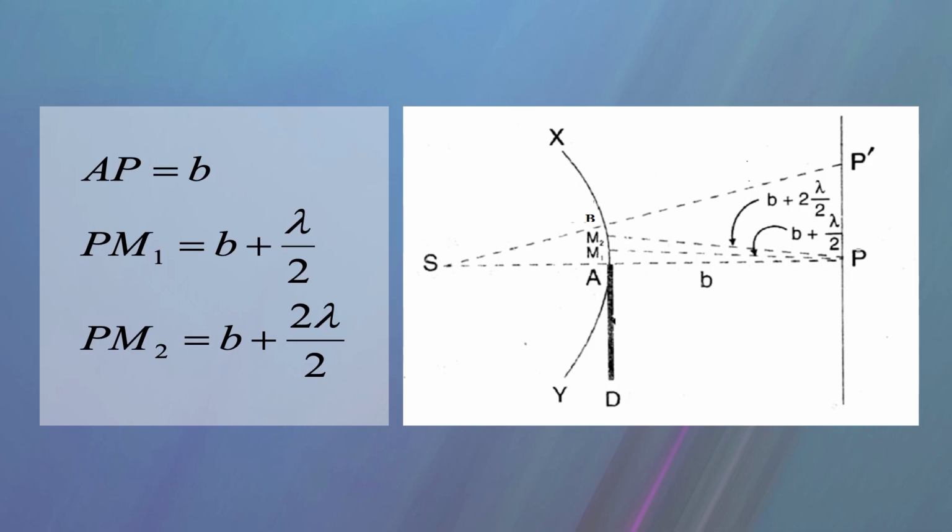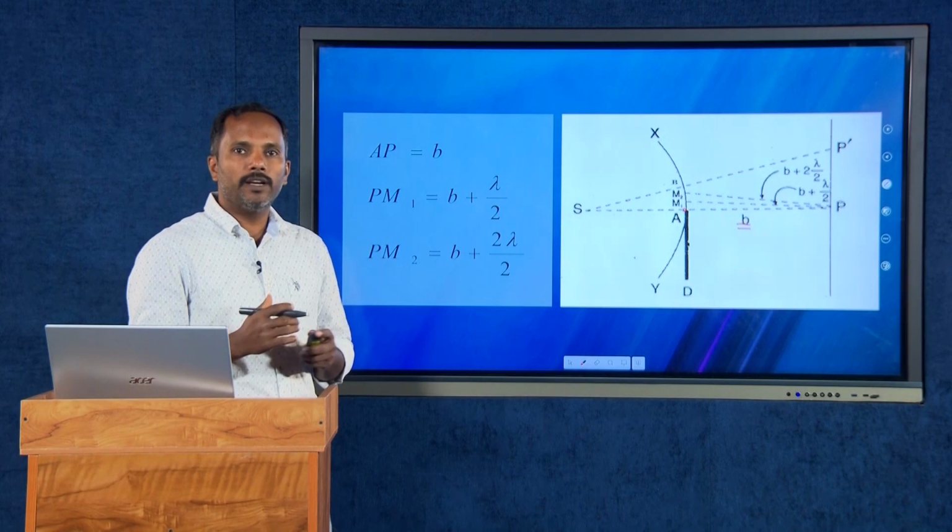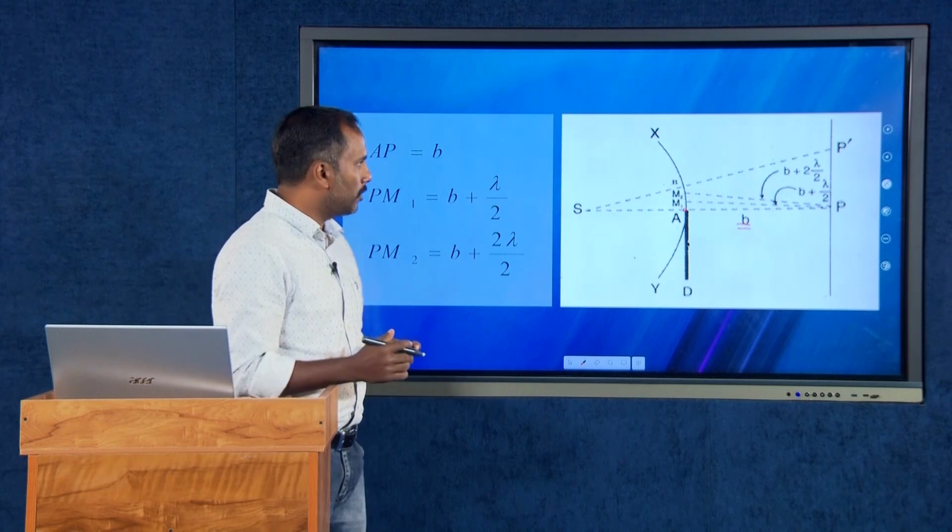In order to discuss the theory of this type of diffraction, let us take the distance AP as b. With reference to the point P, the wavefront can be divided into a large number of half period zones.